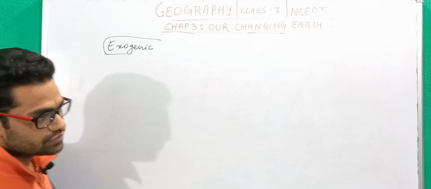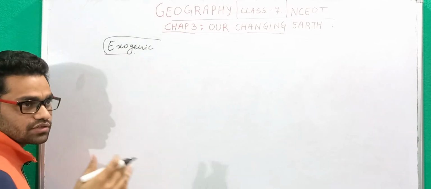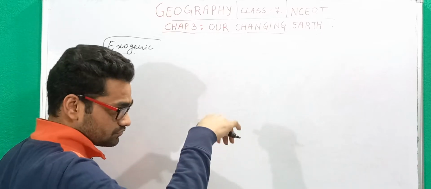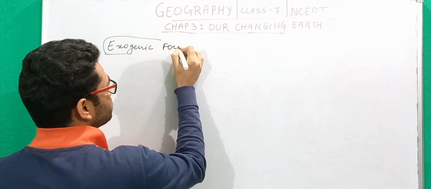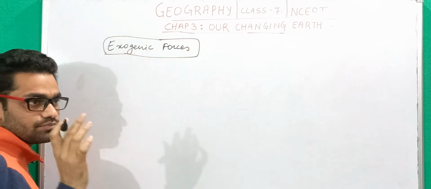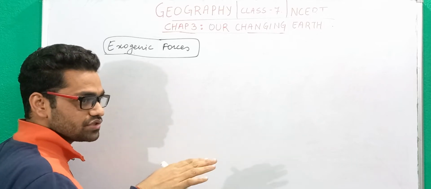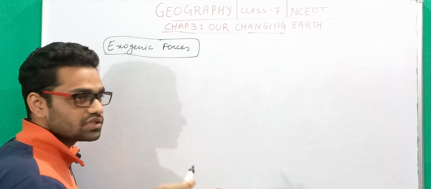Now in this part of the video we will look into the exogenic forces, that is the forces that are happening on the earth's surface. And within these exogenic forces we will deal with three important phenomena, three important processes that cause changes on the landscape of the earth's surface.